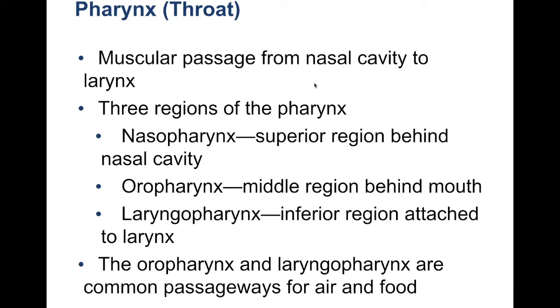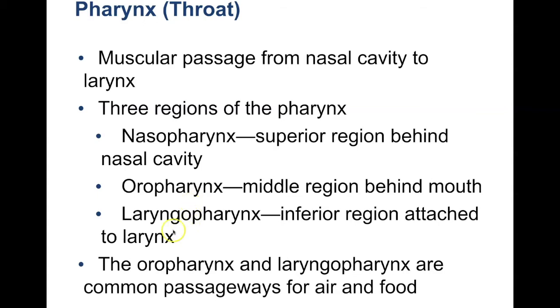Our pharynx itself is actually divided into three areas, starting at the nasopharynx, where we start to see the divide between the nasal cavity and the actual throat. Then it leads down to the oropharynx, which is right behind the mouth. And then the laryngopharynx is the bottom region that goes to the larynx.